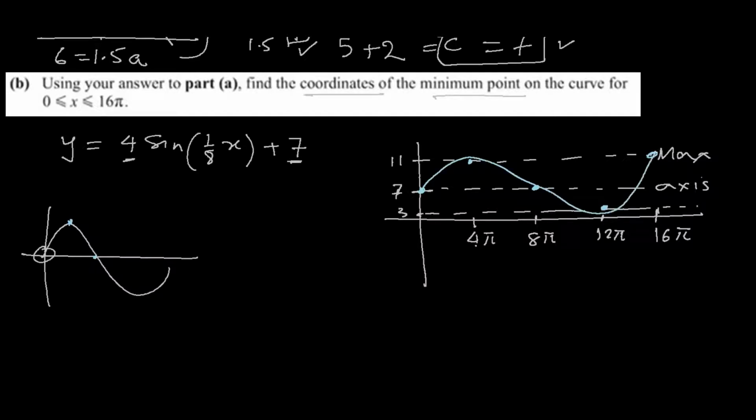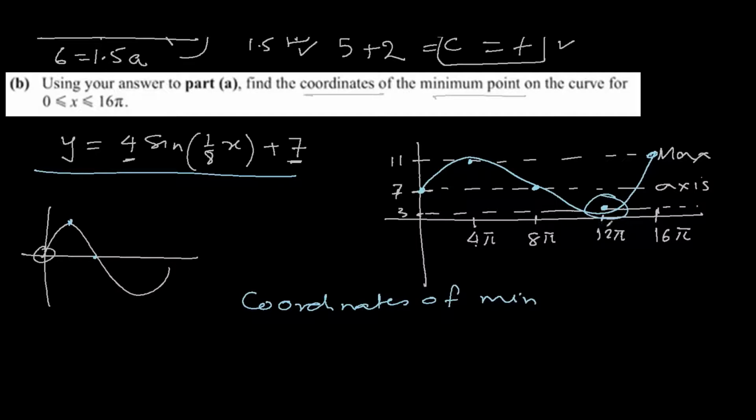This is the graph of this function, and we can see that the minimum is here. And what are the coordinates of the minimum? x is 12 pi and the y value is 3. These are the coordinates.